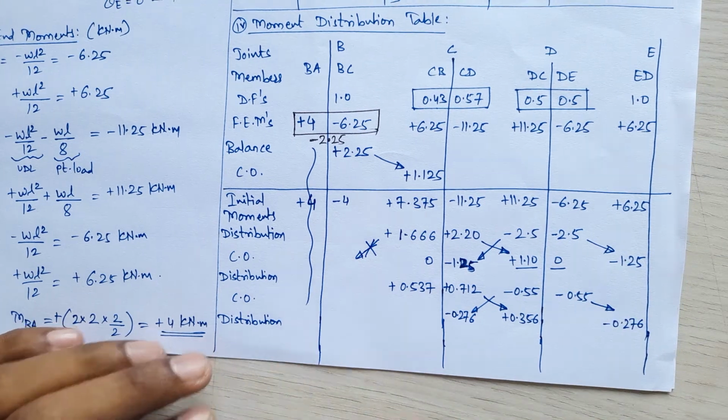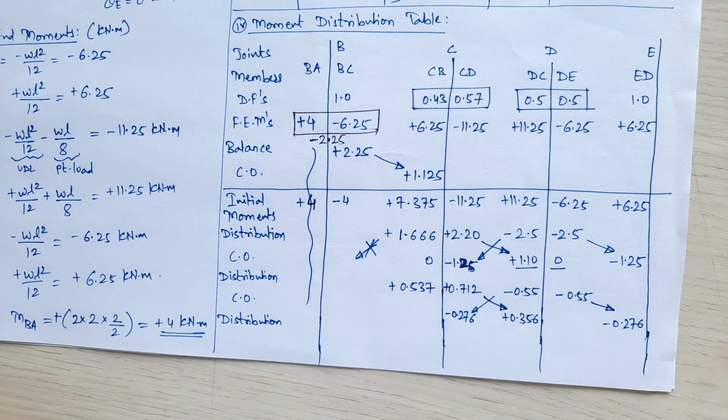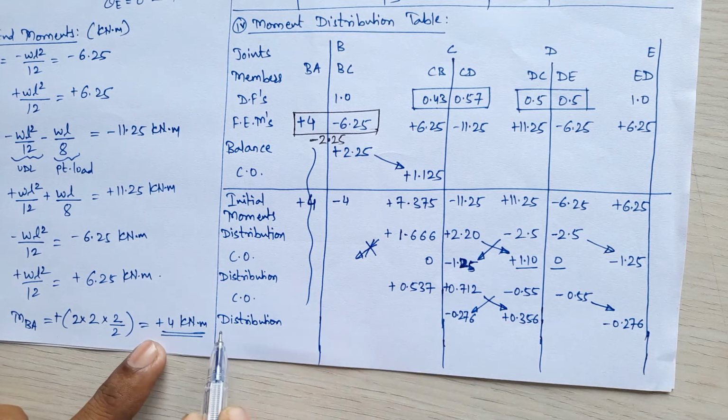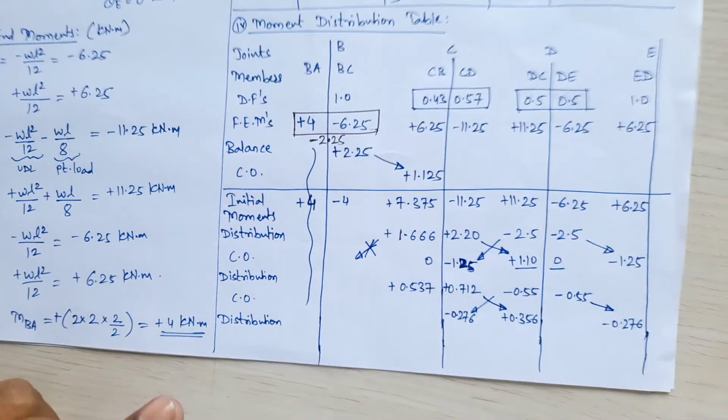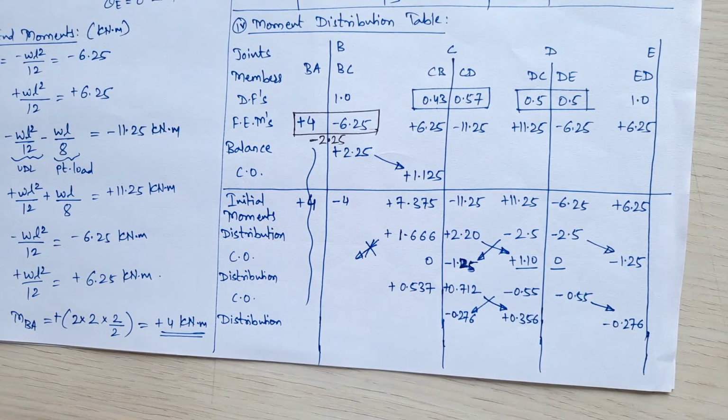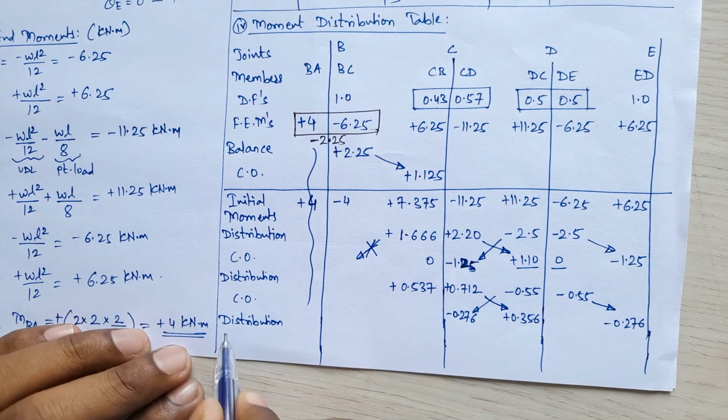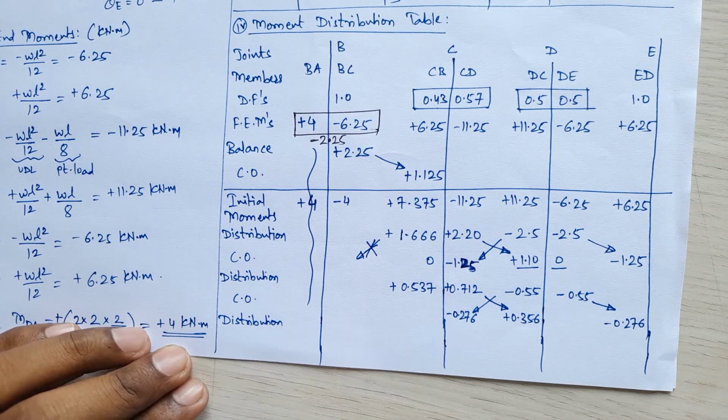Always remember this one more concept: after doing the distribution of the moments, leave the table. Do not leave the table after doing the carryover. If your table is ending at the carryover, then it is okay, but if your cycles are repeating again and again, end that table after doing the distribution.